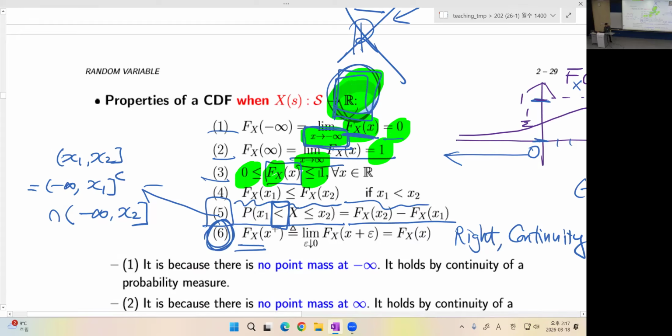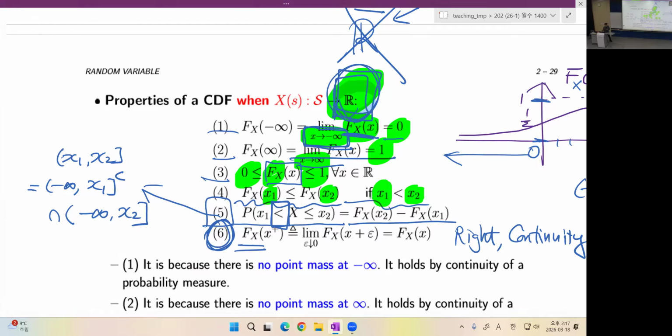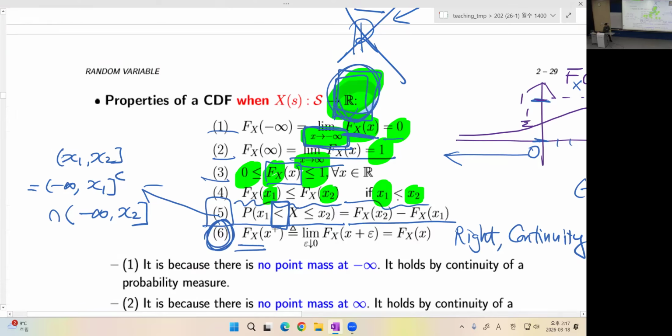And by definition of the CDF, if x2 is strictly greater than x1, then the CDF evaluated at x2 is greater than or equal to the CDF evaluated at x1. Got it? So be careful here. You may have equality here. Got it?